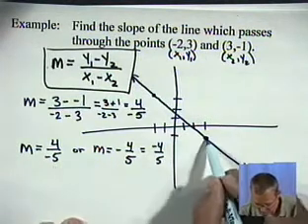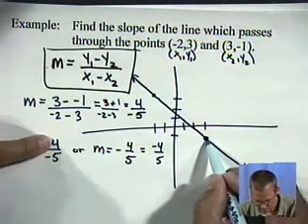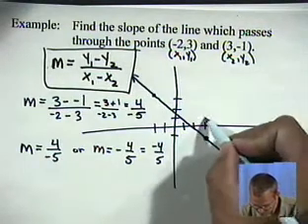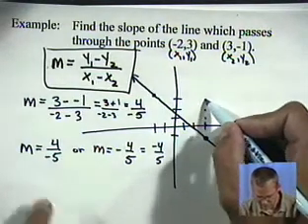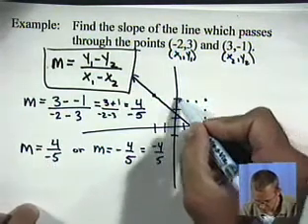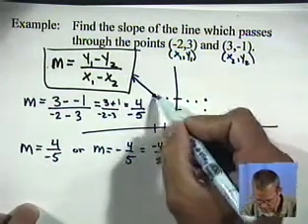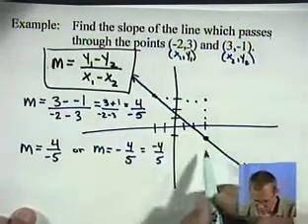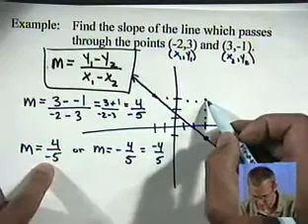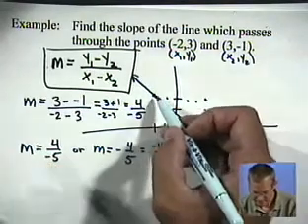So if I start at this point, my slope is +4, which means I rise 4. 1, 2, 3, 4. And then to the left 5. 1, 2, 3, 4, 5. And I'm right at that point. So to get from one point to the next, we rise 4 and we run to the left, because it's negative, 5.